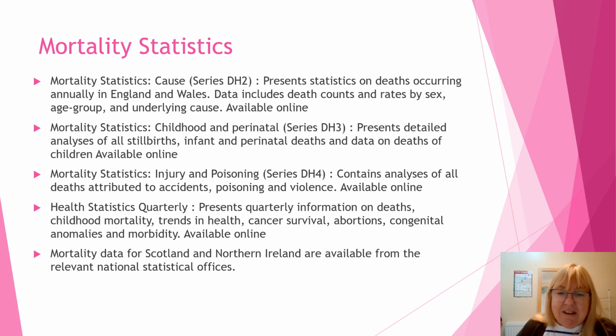The mortality data for Scotland and Northern Ireland is all the same data is available, but it will be through their relevant national statistic offices, and it'll be laid out in pretty much the same way. It may look slightly different. So for your research, if you just use the ONS, Office of National Statistics, which is England and Wales, it will give you enough information, really.